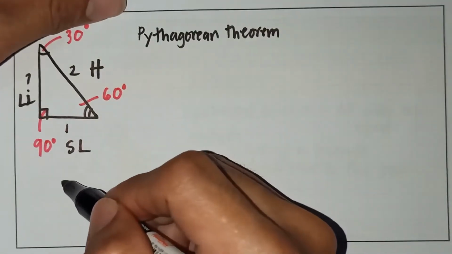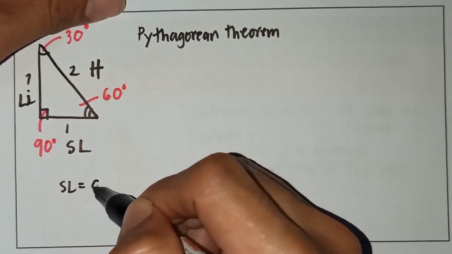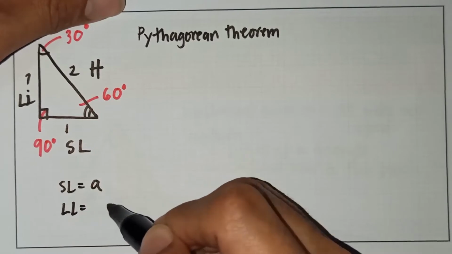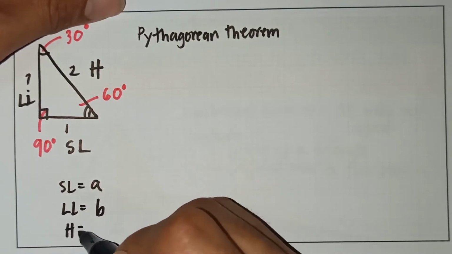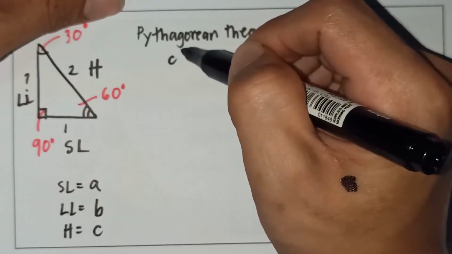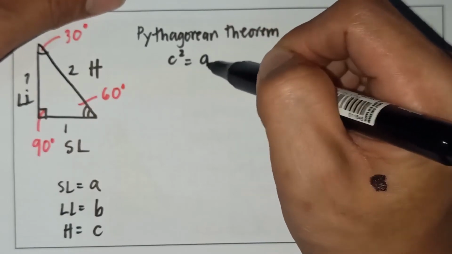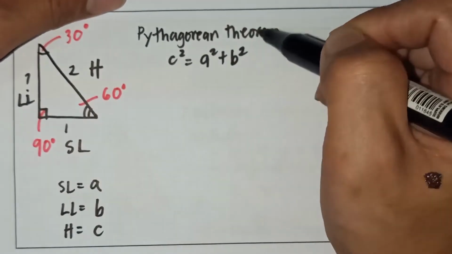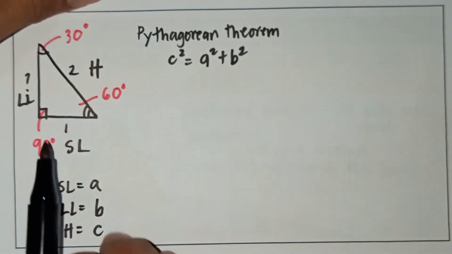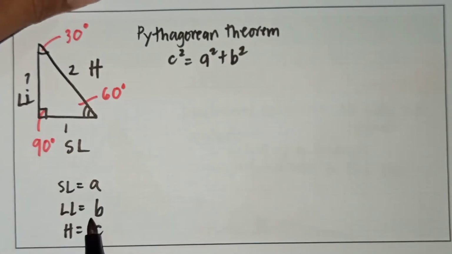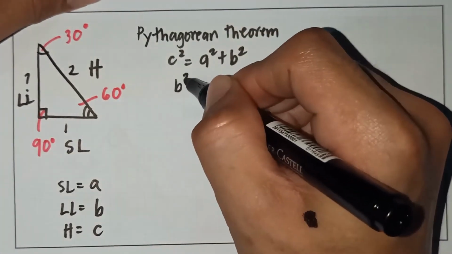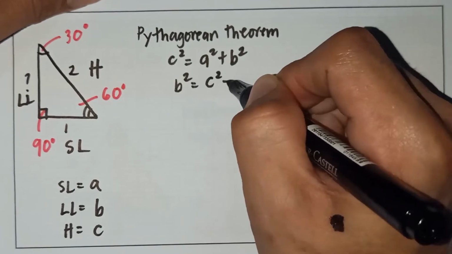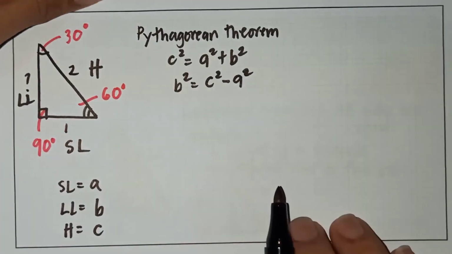So consider that the shorter leg is A, the longer leg is B, and the hypotenuse is C. Based on the formula, C squared is equal to A squared plus B squared. We're looking for the longer leg, and that is B. So B squared is equal to C squared minus A squared.